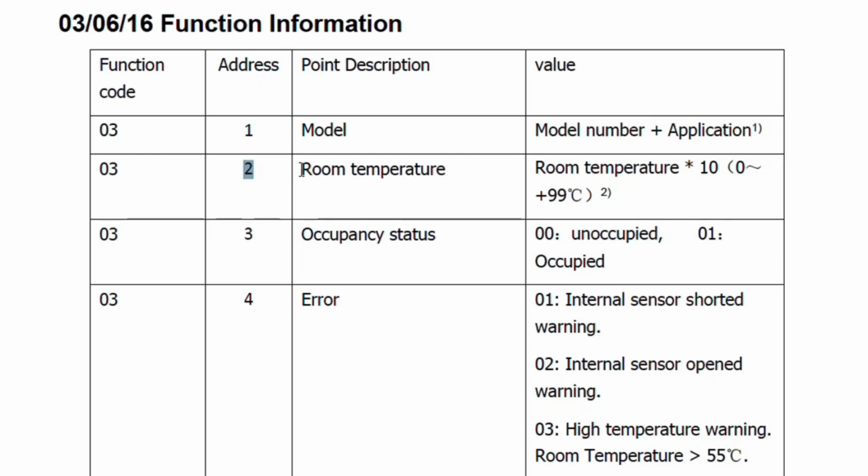So 1 will be the actual address for the room temperature in the master unit. And to read the model number, we have to give 0, that is 1 minus 1. Like that, we have to subtract 1 from the address list, because the thermostat's address registers are based on a 1-based addressing scheme, but the master device or the smart gateway unit is addressed on a 0-based addressing scheme.